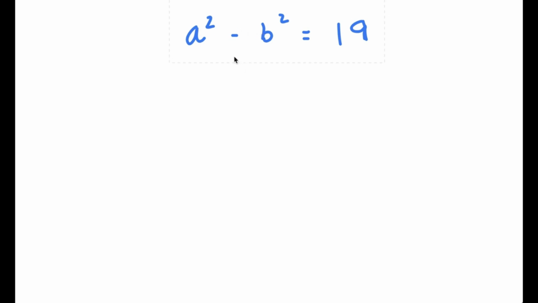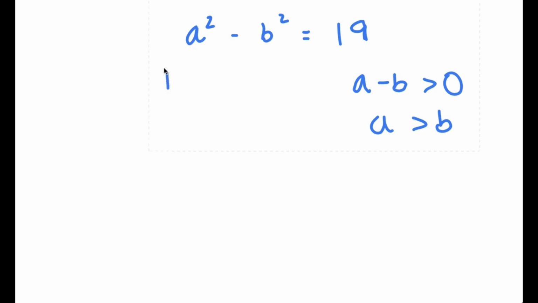Now, we can use logic to deduce some information. If a squared minus b squared is equal to 19, then this must mean that a minus b is greater than 0, meaning a is greater than b. Because let's say a was less than b. So let's say a is 1 and b is 2.